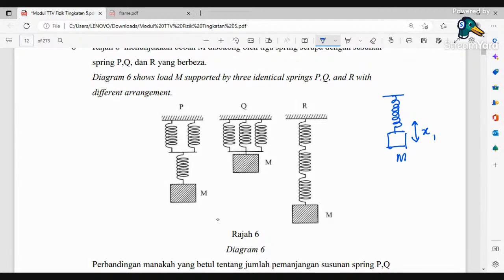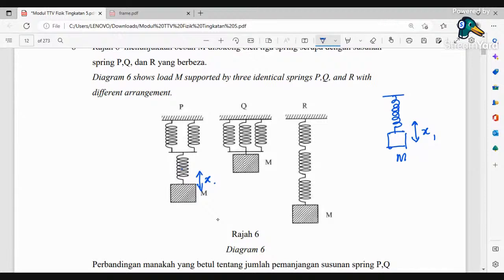Okay, for P, the parallel part and this one and this one are in series. So in series connection, the extension of one spring is x1.